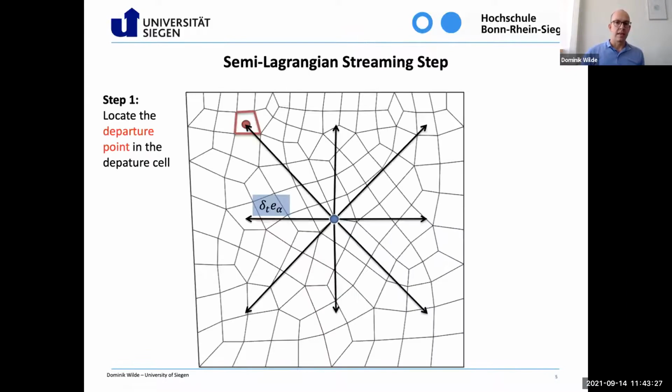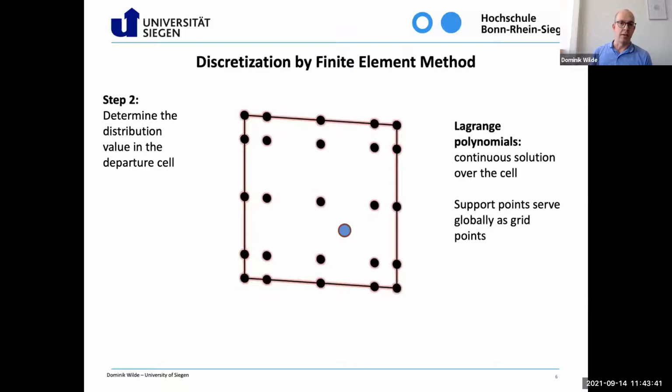The streaming step is, perhaps you know this slide because I showed it several times. In principle, during the streaming step we can go over multiple cells to identify the departure point and then apply an interpolation within the cell where the departure point is located.